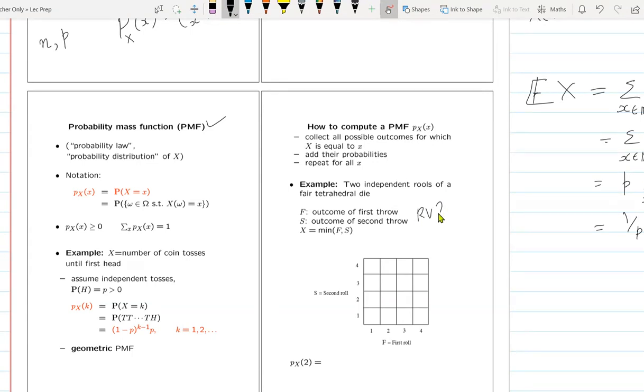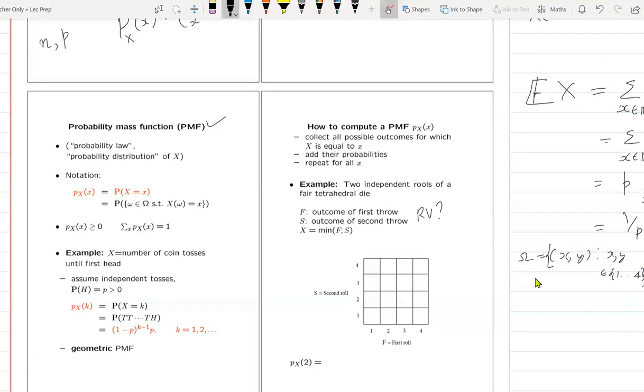Anybody has a doubt that this is a random variable? The sample space is (x, y), where x, y belong to 1, 2, 3, 4.